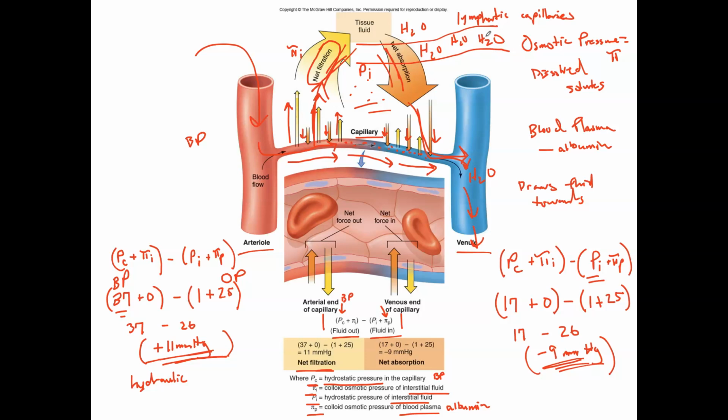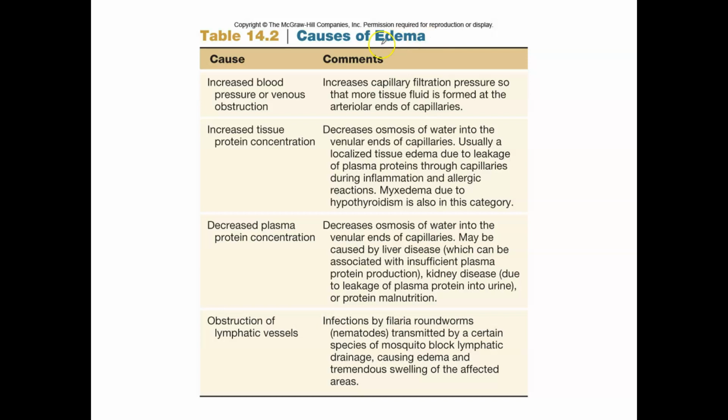So what would be some causes of edema? Now that we know a little bit about capillary dynamics, what are some of the causes of edema? And again, edema is swelling of the body. So one of the first things to consider would be obstruction of the lymphatic vessels.